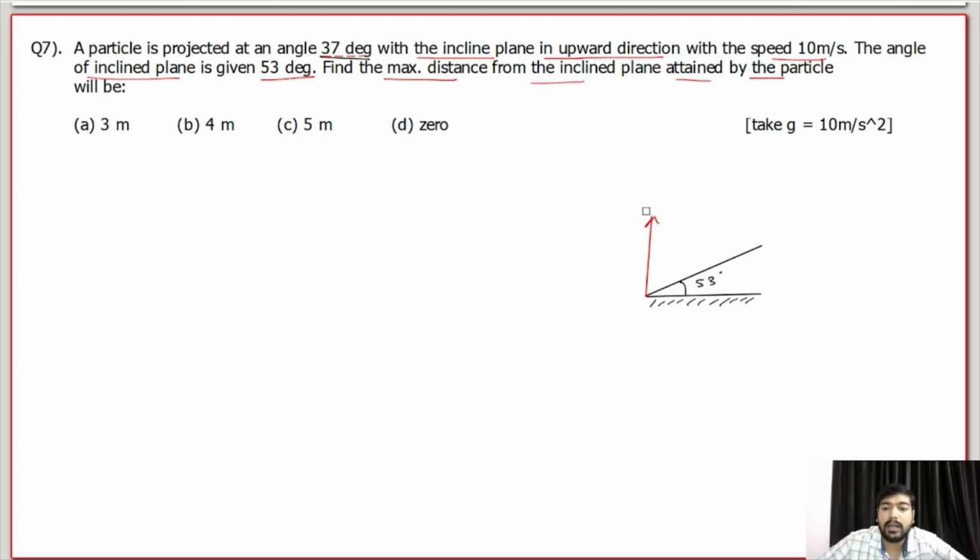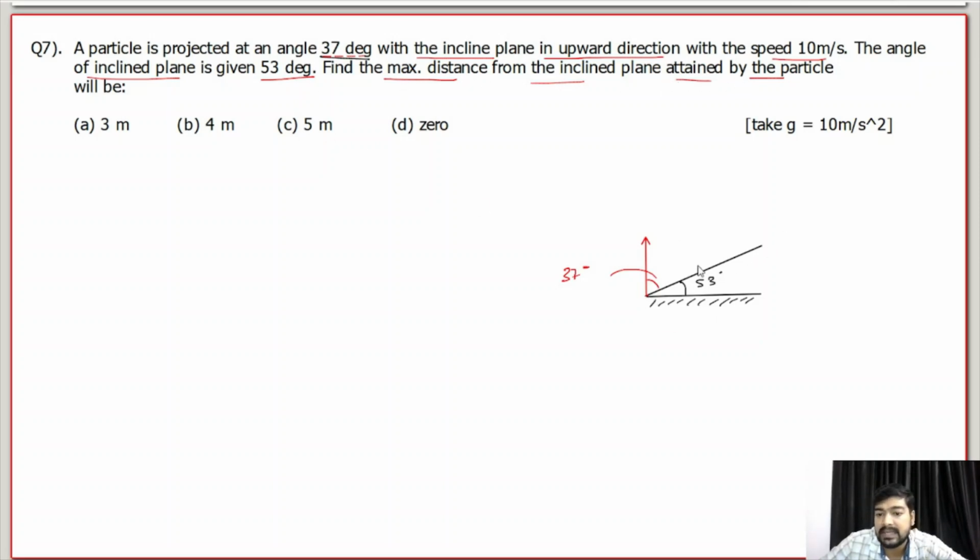This should be 90 degree. Like this. In this direction, the particle is being thrown. This is 37 degree. Now you can see the particle is actually thrown vertically upward from the ground, but at 37 degree from the inclined plane. And we have to calculate the maximum distance from the inclined plane.